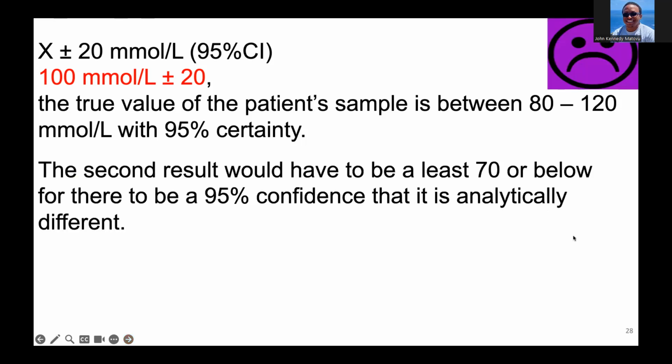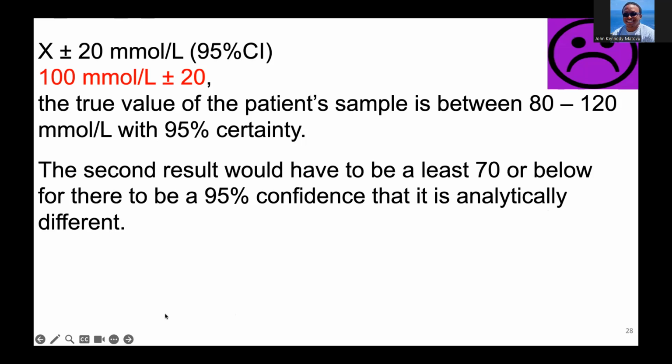So if you look at your result, the second result would have to be at least 70 or below for there to be a 95% confidence that this is analytically different, okay?